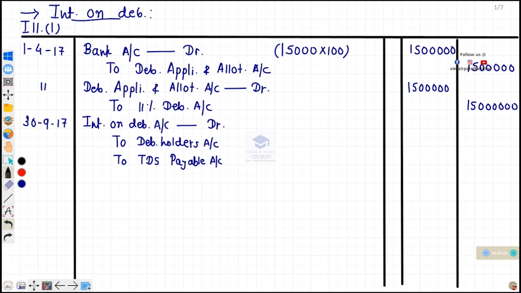Now see. The total amount of interest for 6 months will be 15 lakh into 11% into 6 divided by 12.